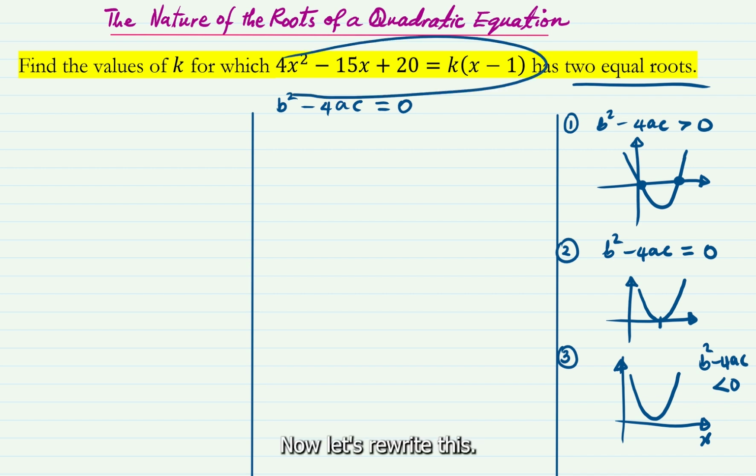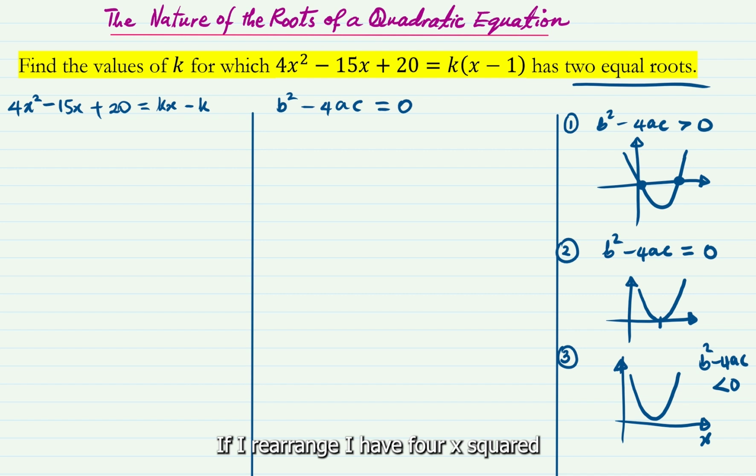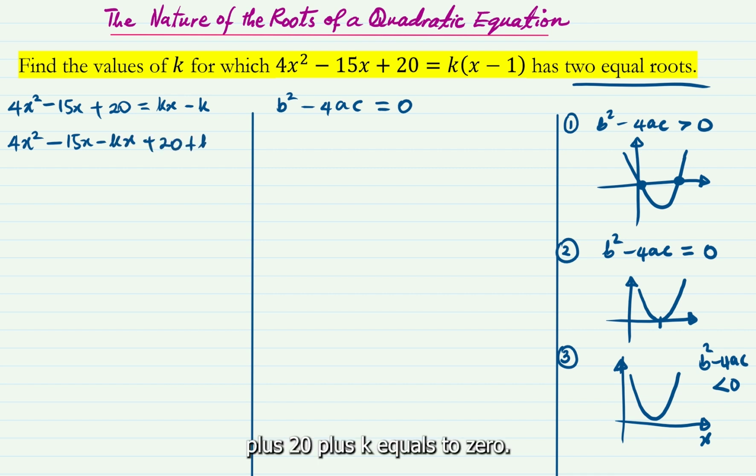Now let's rewrite this. We have 4x squared minus 15x plus 20 equals kx minus k. If I rearrange, I have 4x squared minus 15x minus kx plus 20 plus k equals 0.